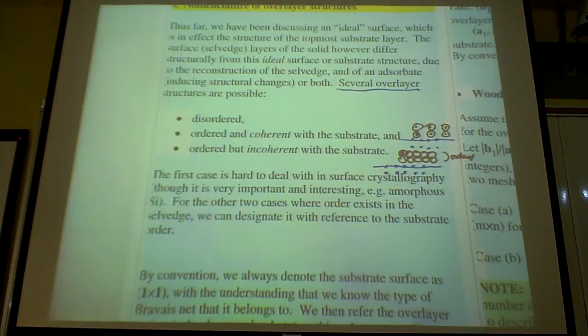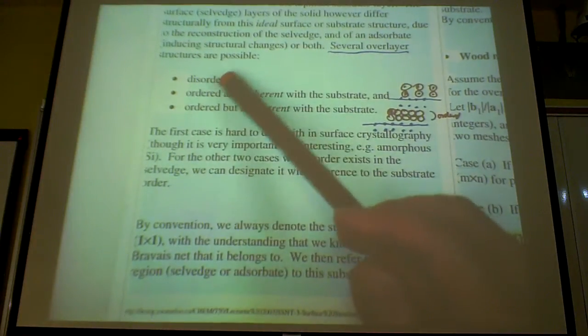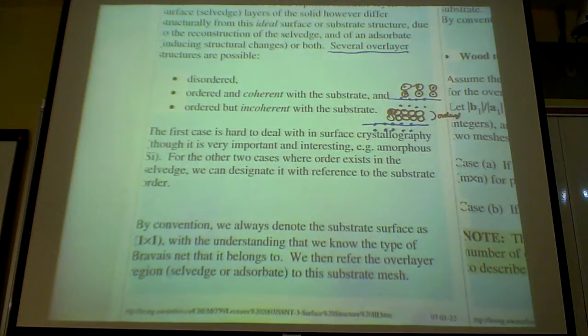Okay, so we say here this disordered structure is very difficult to treat because it's not really crystallography, it's amorphous. Although there are new tools now that people are working on to try to quantify an amorphous structure. So this disorder really is amorphous structure, looking at, for example, correlation length, right?